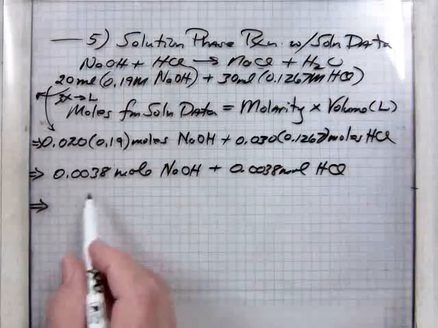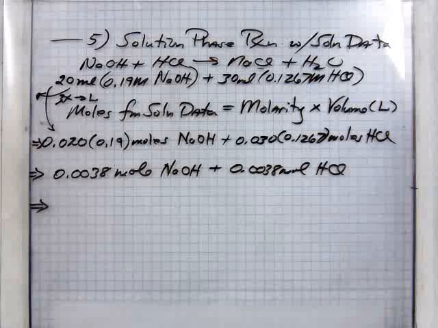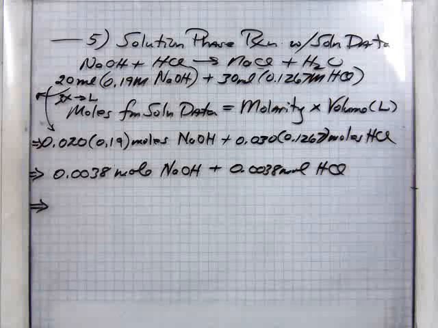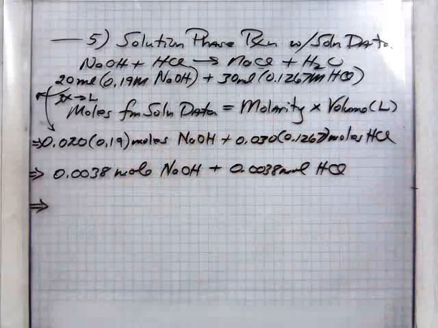So when we have matching equal volumes of equal molar solutions, it's always completely neutralized. That means all of the acid and all of the base is gone. The only thing you have in the reaction solution is the salt. Acid plus base gives salt and weak electrolyte, or water in this case.